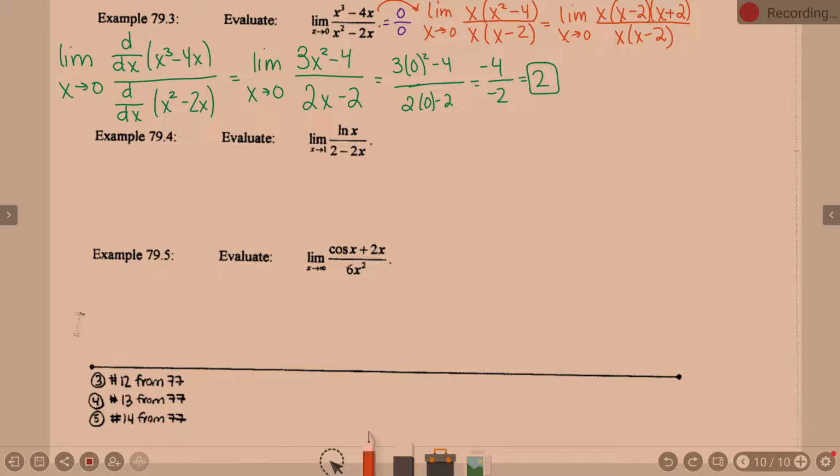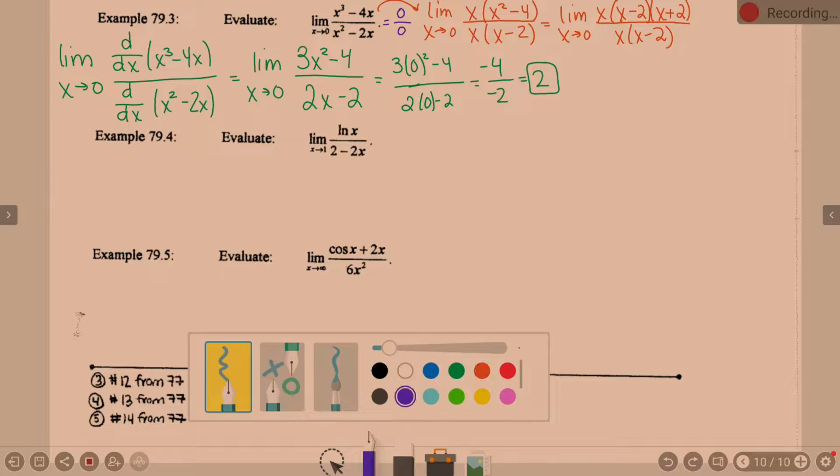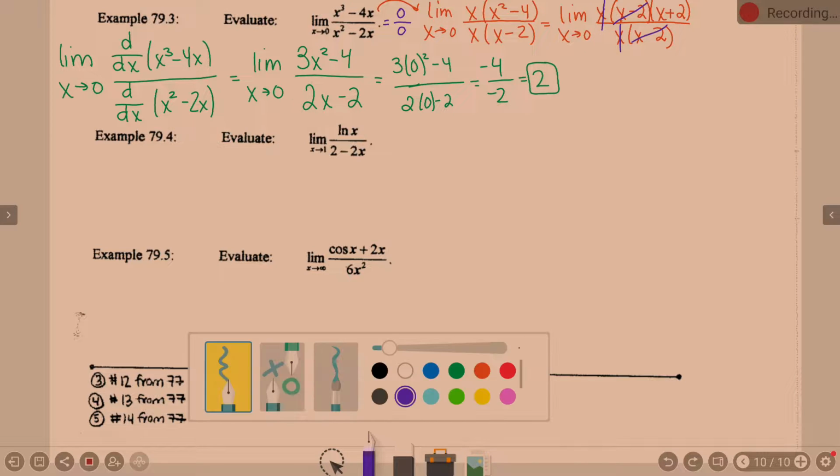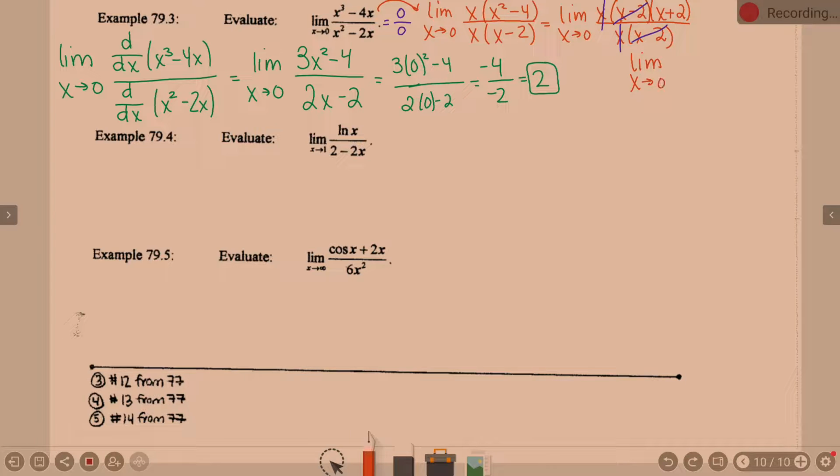Cancel your factors of x and x, cancel your x minus 2 and x minus 2, and you are now doing the limit as x approaches 0 of x plus 2. Plug in your 0, and 0 plus 2 is 2.